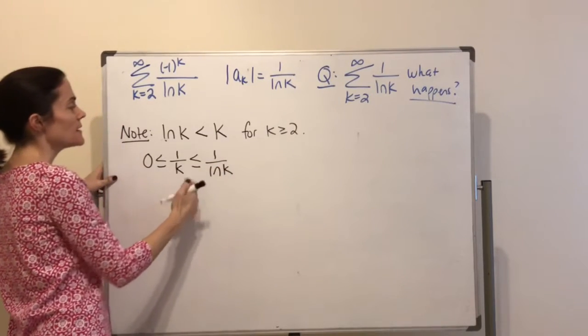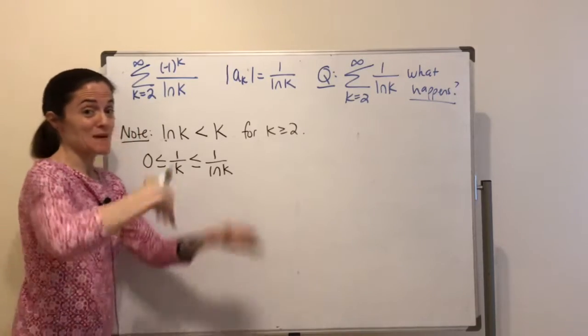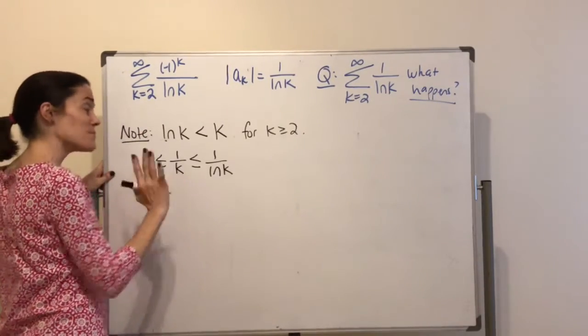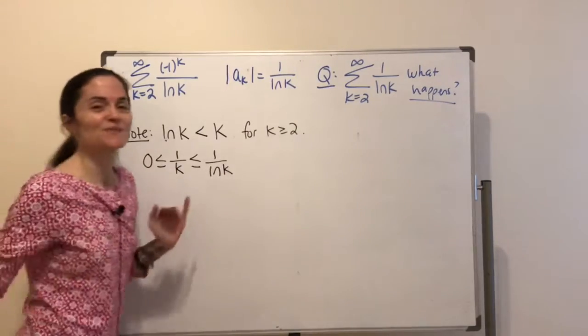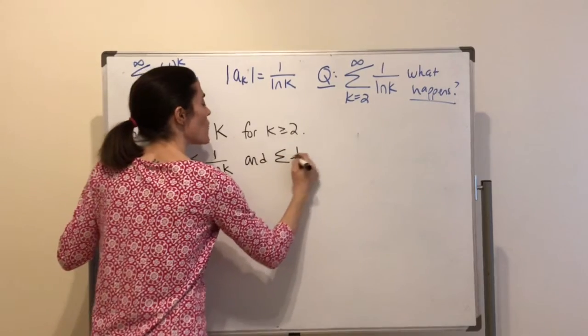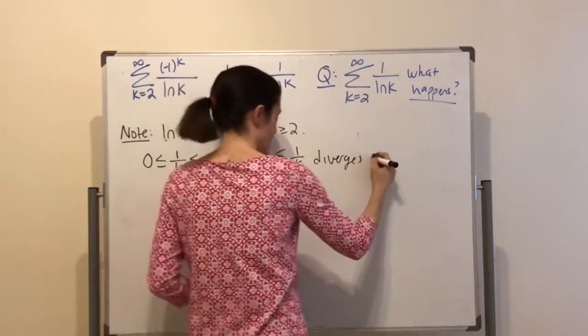You see, if the log is less than k, then when you take 1 over, it's going to be bigger. So 1 over ln k is bigger than 1 over k because the denominator is smaller. And the sum of 1 over k diverges, it's harmonic.